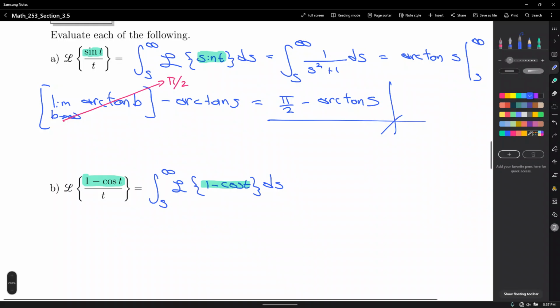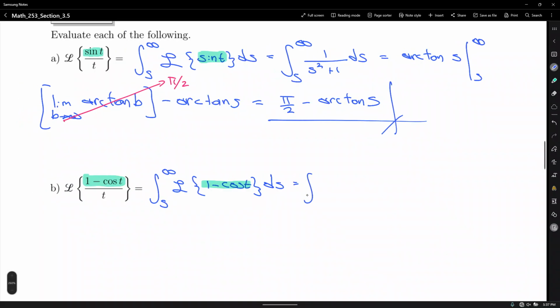Let's take the transform of the integrand here. That is the integral from s to infinity of the Laplace transform of just the number one. Isn't that just 1 over s? And the transform of cosine, that's minus s over s squared plus 1 ds.